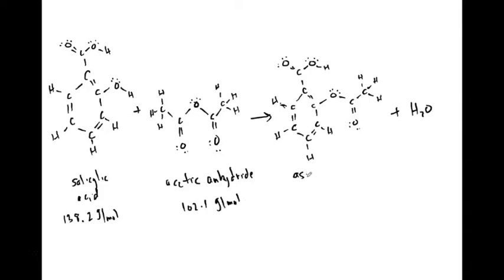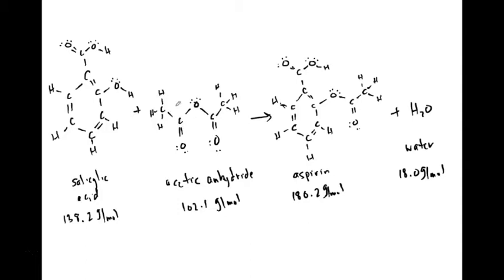This is aspirin, and that has a molar mass of 180.2 grams per mole because we're going to need that later. And obviously that's water, and water has a molar mass of 18.0 grams per mole.